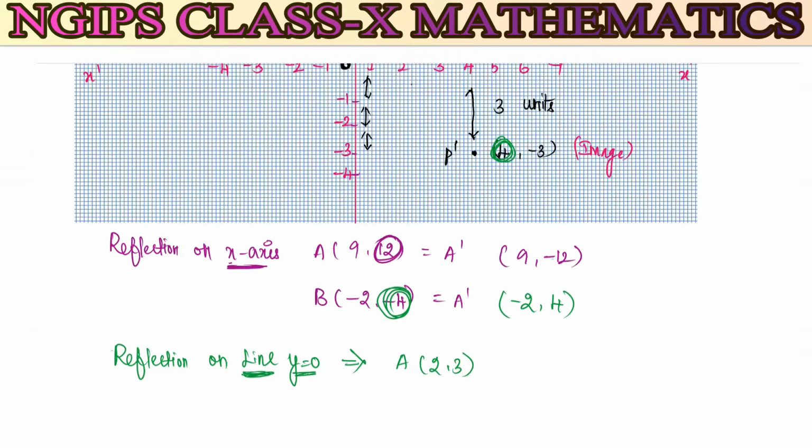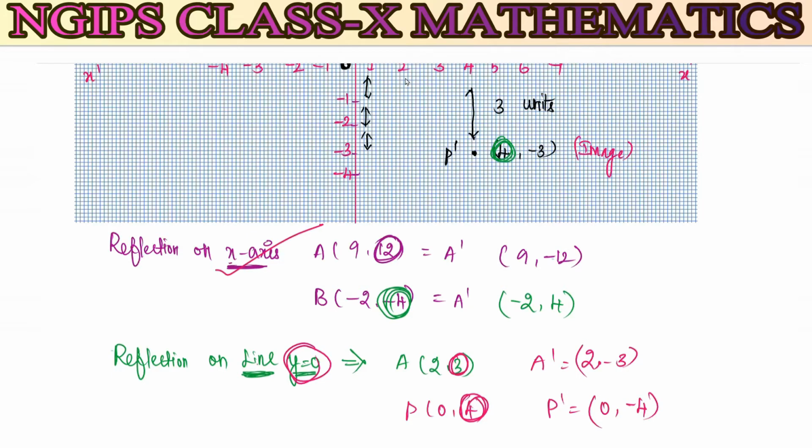If it is y ordinate, y point you need to change. So you will get A dash, it is 2 comma minus 3. Okay, now in case when you have P is equal to 0 comma 4, so here P dash is equal to 0 comma, only y point you need to change, minus 4. This is axis and this is going to be a line. This is very very important.